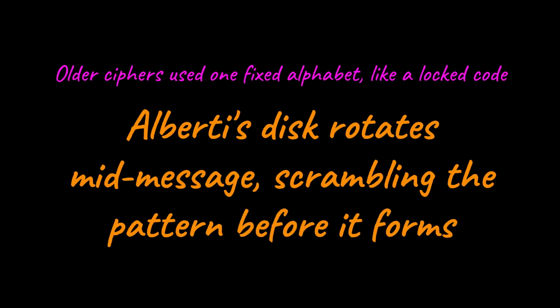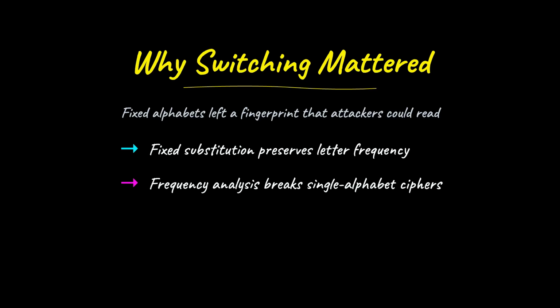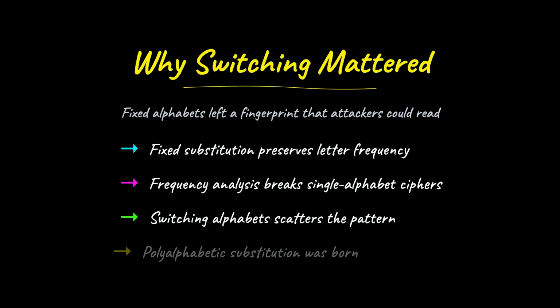It was rotating it partway through a message, switching alphabets so the same plaintext letter no longer always became the same ciphertext symbol. A fixed substitution keeps the natural frequency of letters intact, which is exactly what frequency analysis exploits. But by switching alphabets mid-message, Alberti smeared that fingerprint, planting the seed of polyalphabetic substitution.